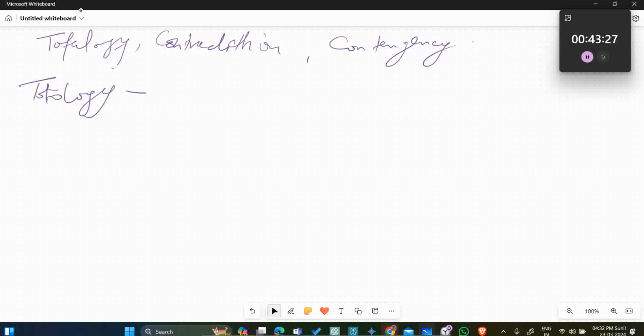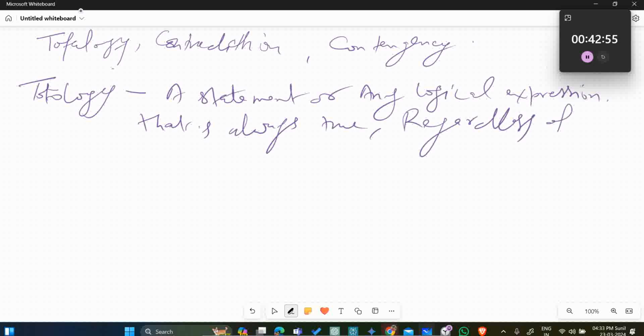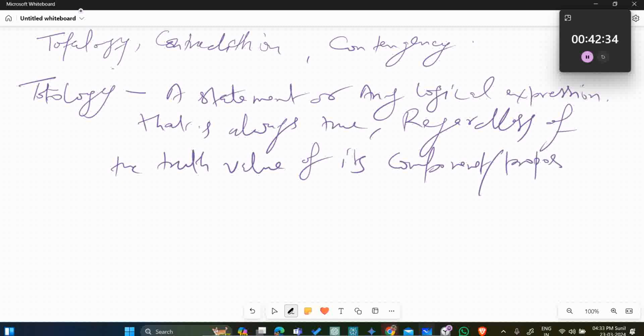A statement or any logical expression that is always true regardless of the truth values of its components, or we can say propositional variables.